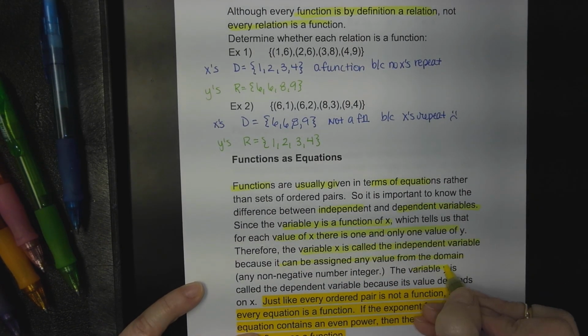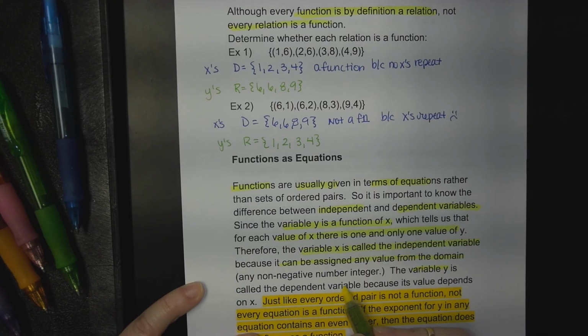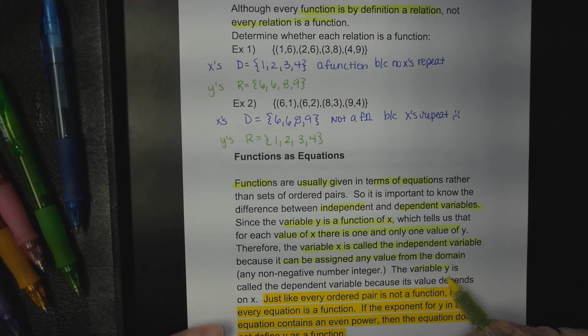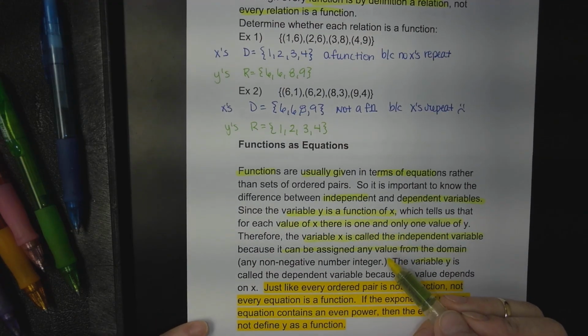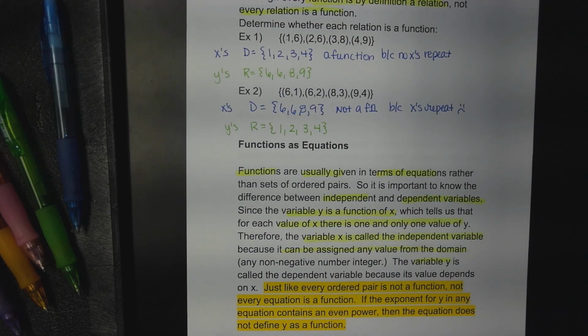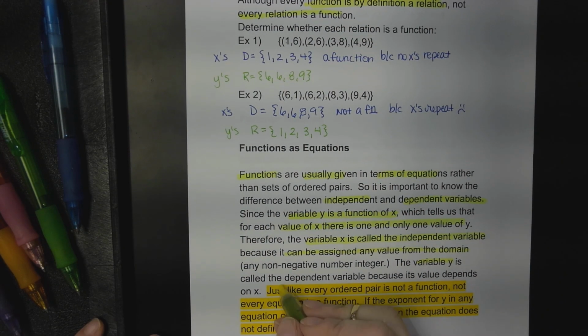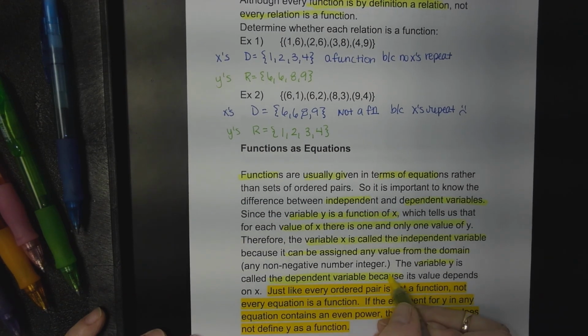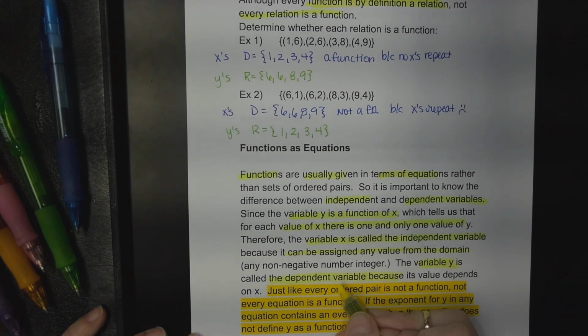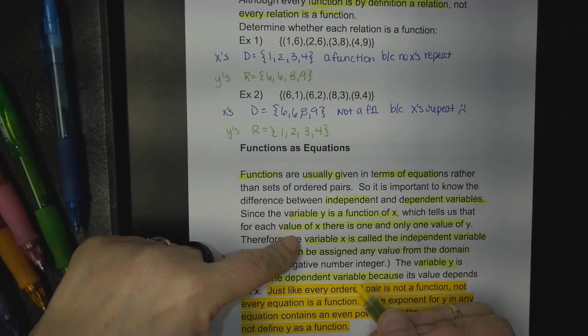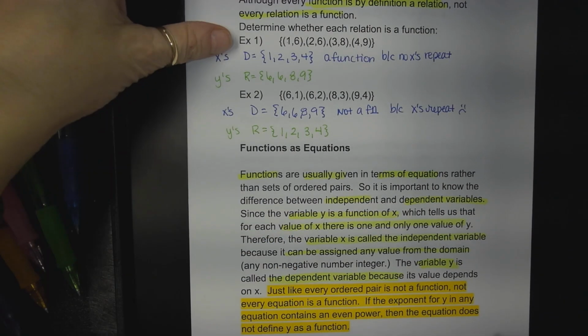But the variable y is called the dependent variable because what it becomes is strictly dependent on the value x is given. So y is always our dependent because what it becomes depends on what amount we set x to be.